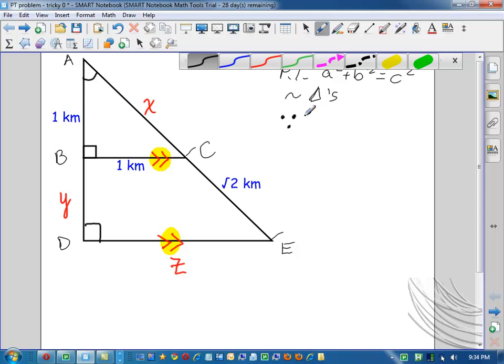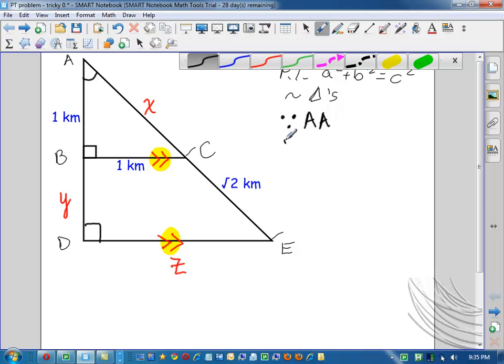So, since we have the angle-angle rule for two triangles, these two triangles are similar because they have two angles that are equal. Therefore the third angle must be equal. If all three angles are equal, they're similar triangles.